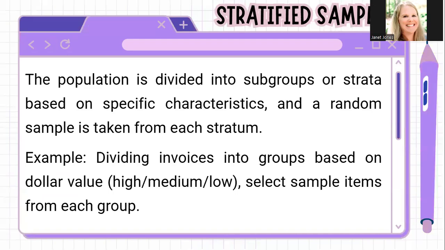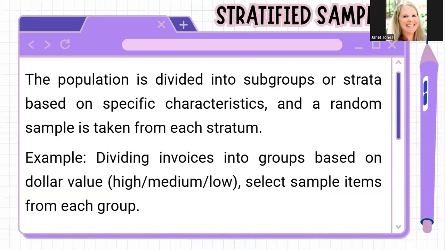Stratified sampling is one that we might use quite a bit when there are different characteristics within our population. So let's say we have 10,000 invoices and the majority of those invoices are small, under $1,000, and then we have a whole bunch of them that are really large, over like $100,000. We might break those up into two different groups, or strata, and sample each of those individually.